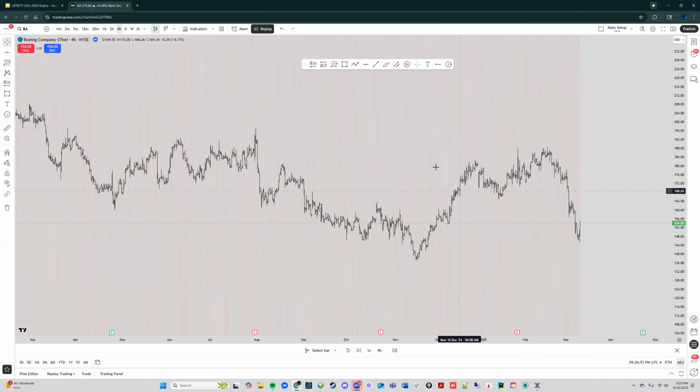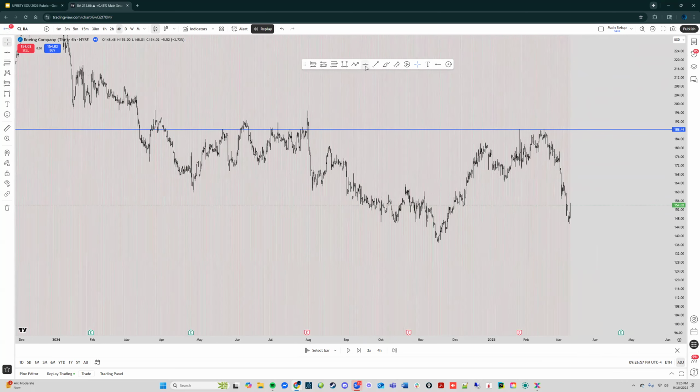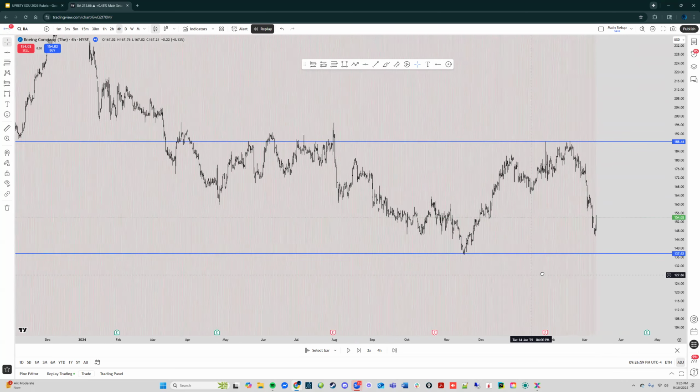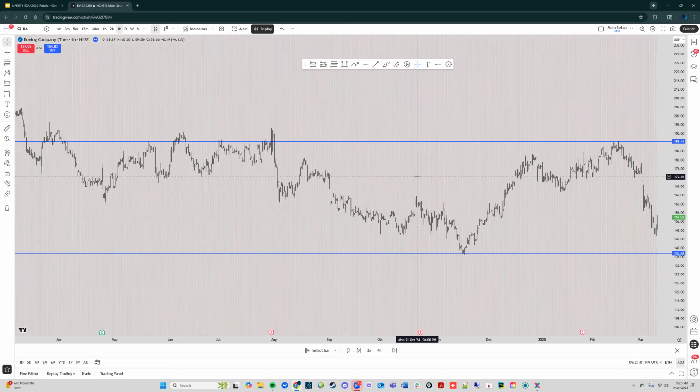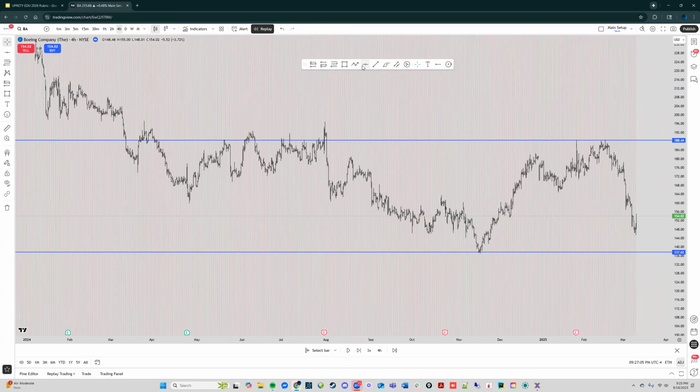High and low. Okay, high, and we must identify our low. For this example, my low is going to be down here. Now we have to look at this price action and say, where are the levels? Where are the supply and demand zones? Where does price reject off of the most?